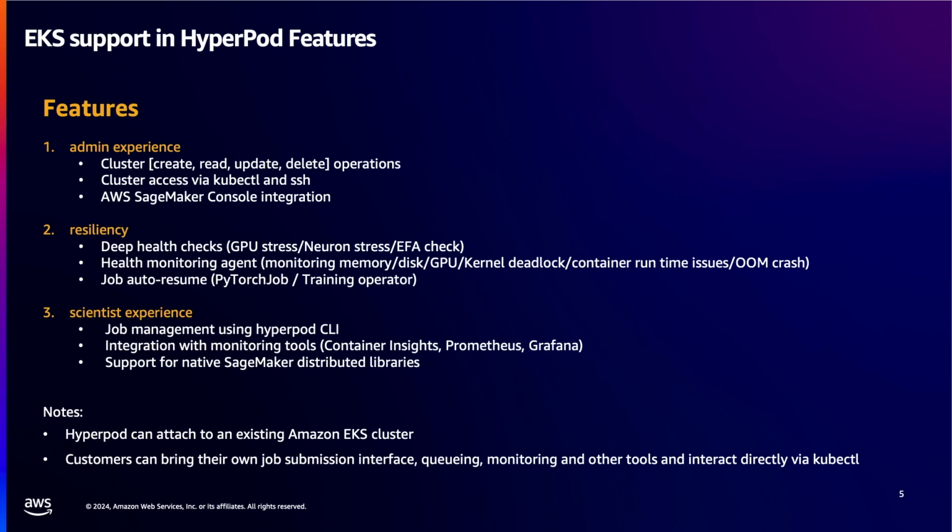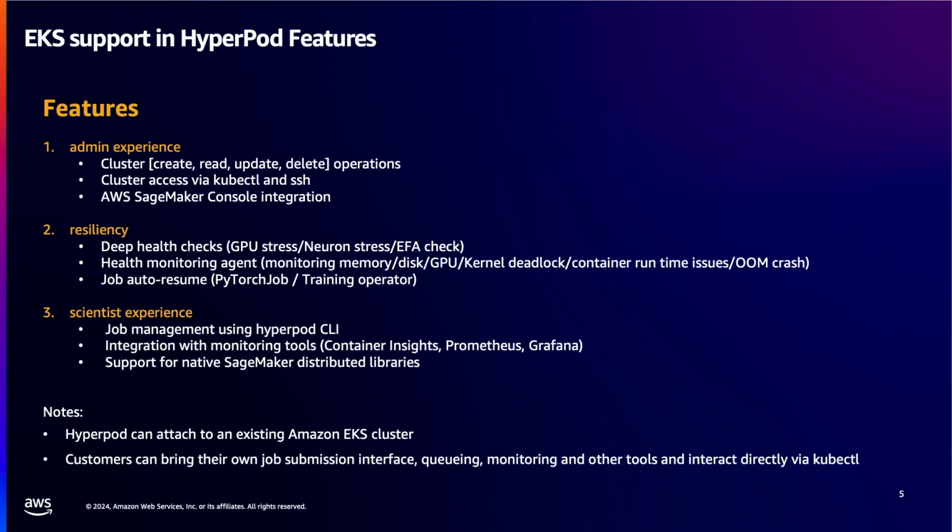One thing I wanted to note is that you can start from scratch and provision all of the resources that are necessary to create a HyperPod cluster. But if you already have a VPC and an existing EKS cluster, you can actually attach HyperPod compute to your existing infrastructure.